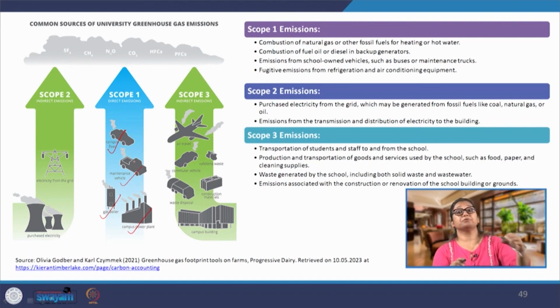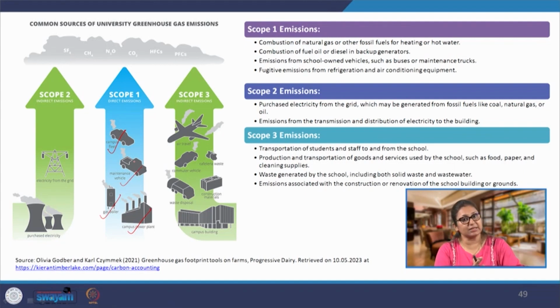Now, in case of India, Indian universities also have hostels which have their own canteens and messes. So, the emissions which are taking place there, they might be using LPG or some other fuel. If it is not electricity, all those emissions which are resulting will also be counted here. This is all scope 1 direct emissions.